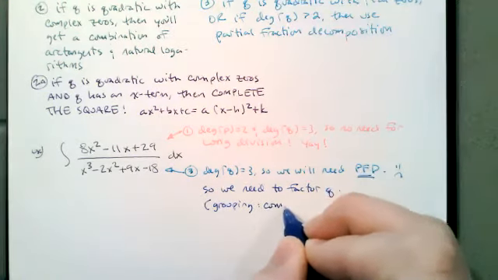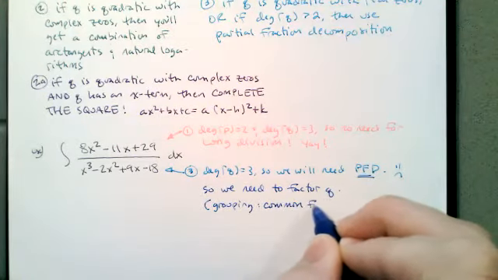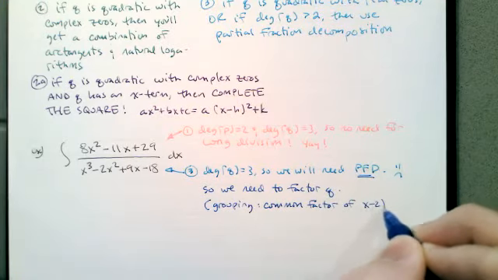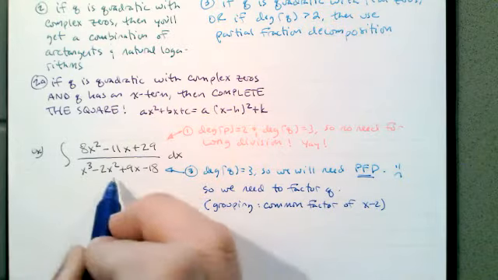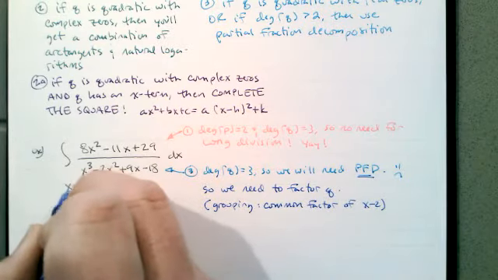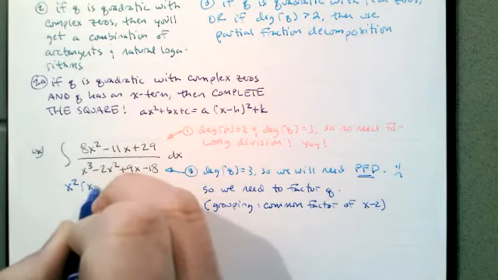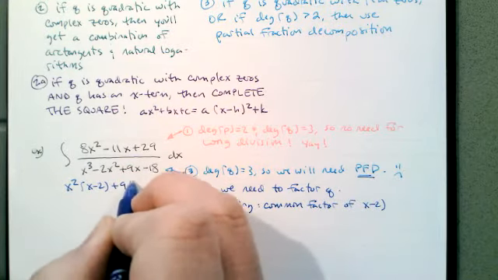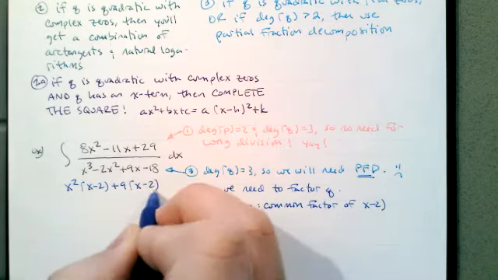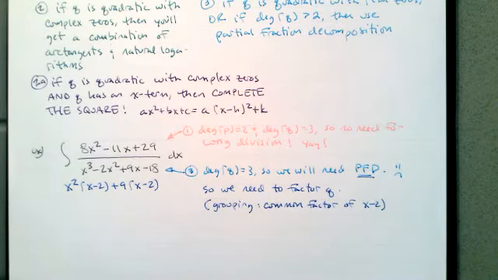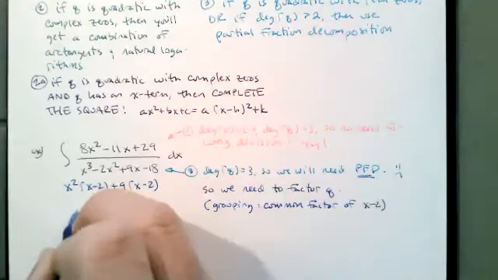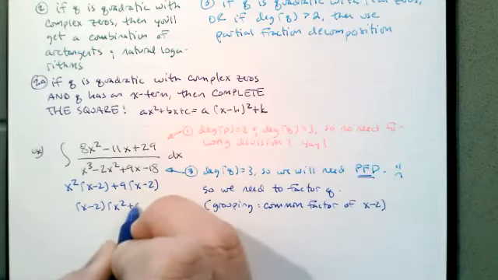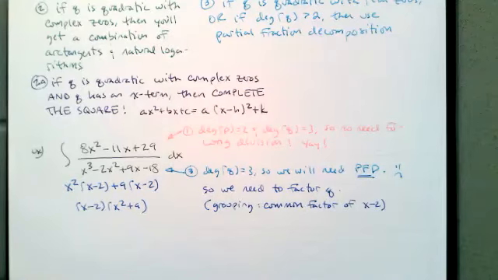There's a common factor of x minus 2. If I factor an x squared out of the first two terms, that leaves an x minus 2, and then the 9x and the 18 means we could factor a plus 9. That leaves another x minus 2. So the denominator is factorable. It has a factor of x minus 2 and an x squared plus 9. There's the factored denominator.